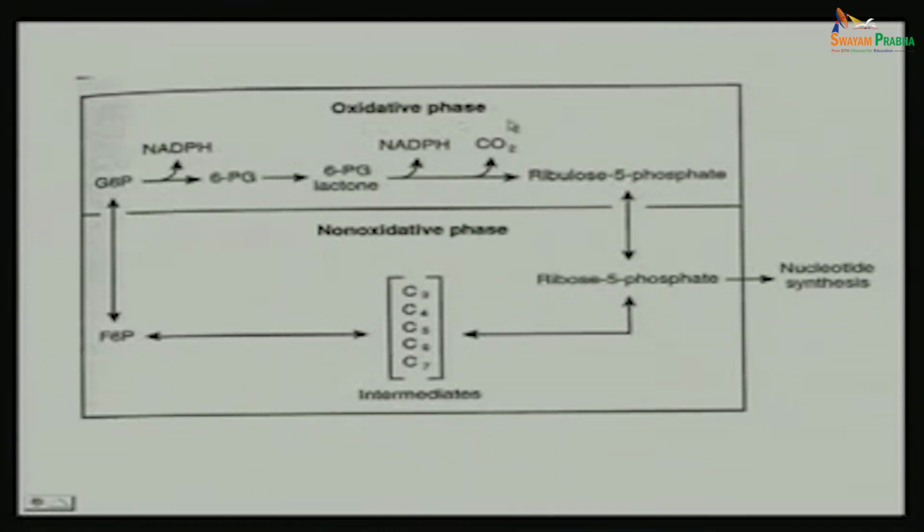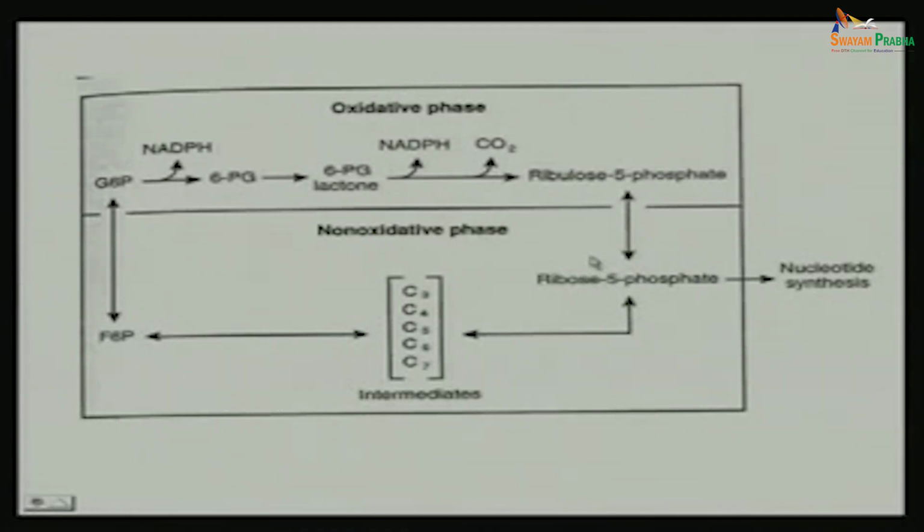In case of the oxidative phase, we have seen that glucose 6-phosphate is producing 2 molecules of NADPH, 1 molecule of carbon dioxide, and the 6 carbon sugar is converted to 5 carbon sugar. This 5 carbon sugar undergoes an isomerization reaction, and ribulose becomes ribose, this aldose sugar.